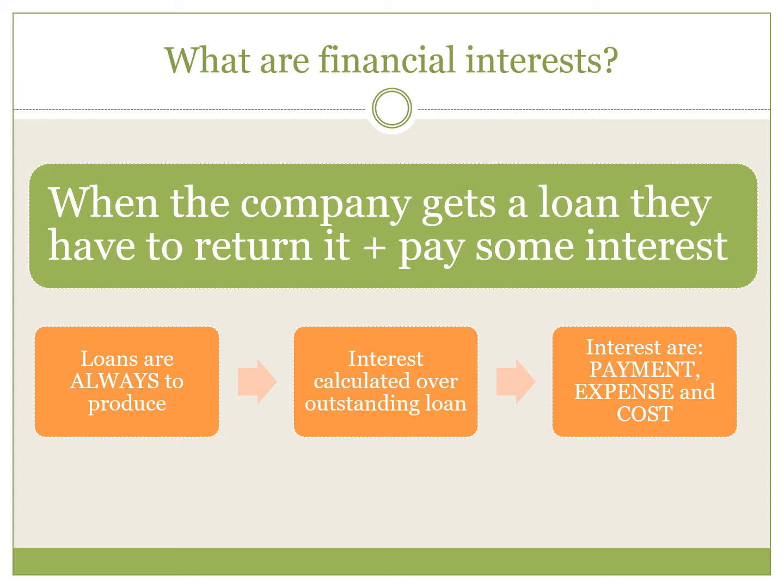So if you need it to produce, it's going to be a cost. And since producing, the production department, is one of the usual activities of the company, it's always going to be an expense. And at some point, you have to pay this to the bank. So there's going to be a payment, an interest payment.